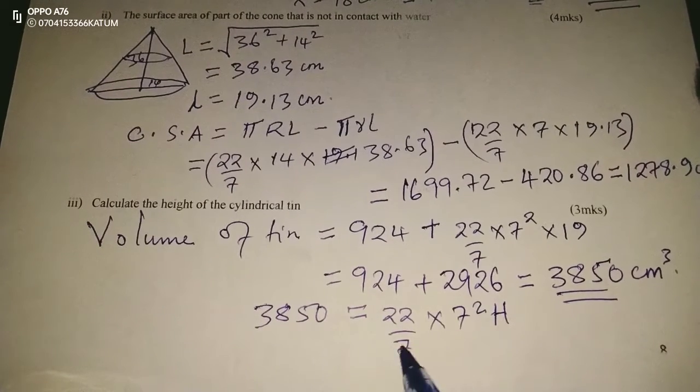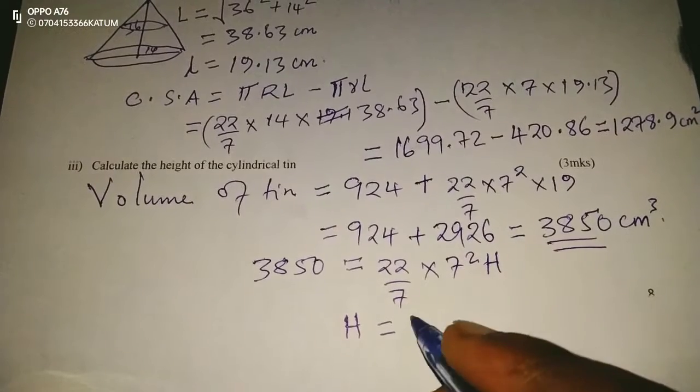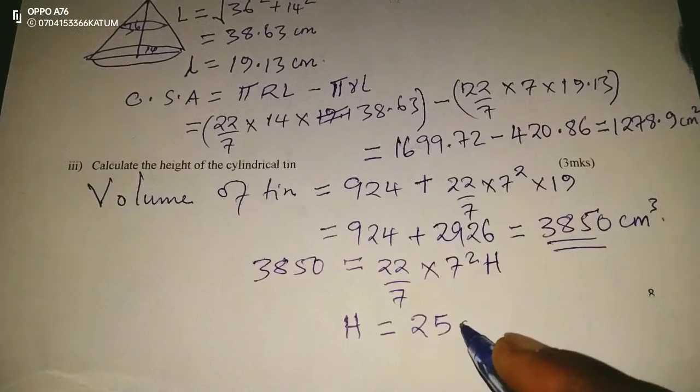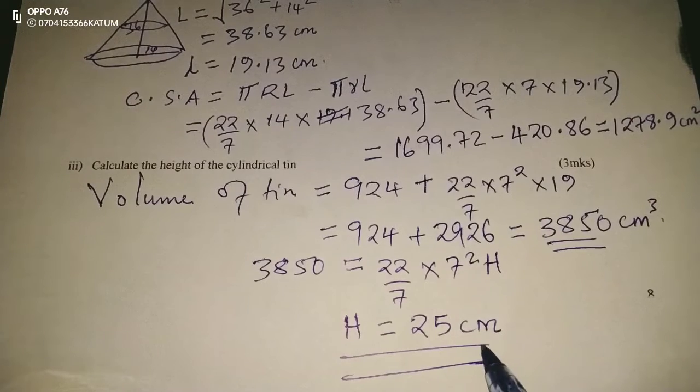So the total volume is given by this formula. In this way we can get h by saying that 3850 multiplied by 7, then we divide by 22 multiplied by 7 squared. This will be exactly 25 centimeters. So that is how the height of the cylinder is supposed to be calculated.